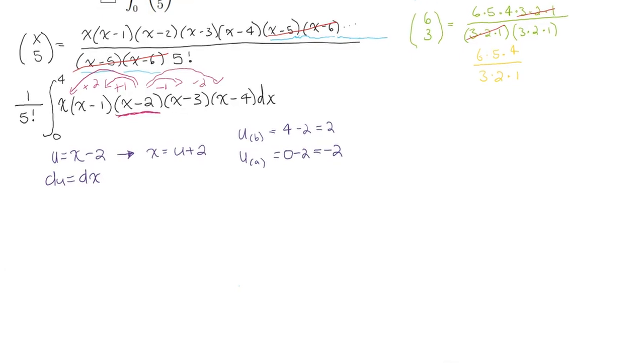So now we can rewrite our integral. We still have 1 over 5 factorial, and this will be times the integral from negative 2 to 2. Our x becomes u plus 2, our x minus 1 becomes u plus 1, and then this will be times u, times u minus 1, and then u minus 2 du.